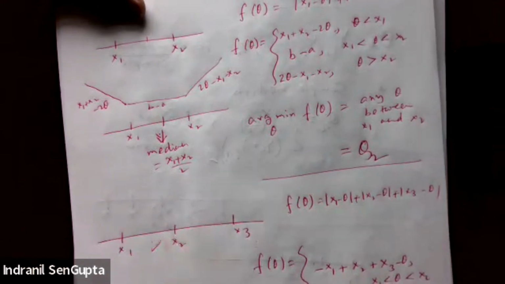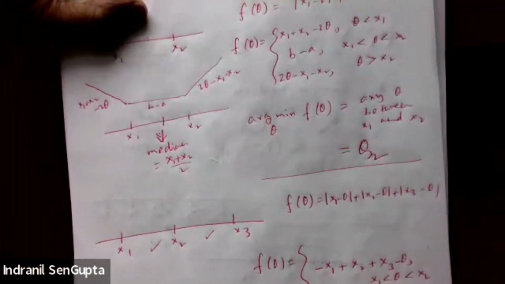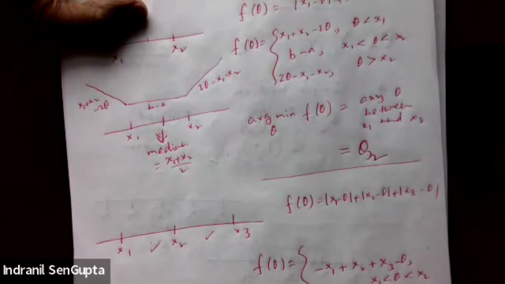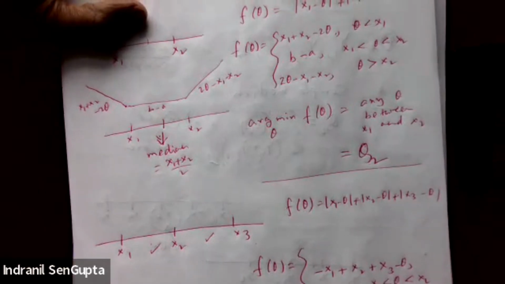When you're between x2 and x3, the value is -x1 - x2 + x3 + theta.